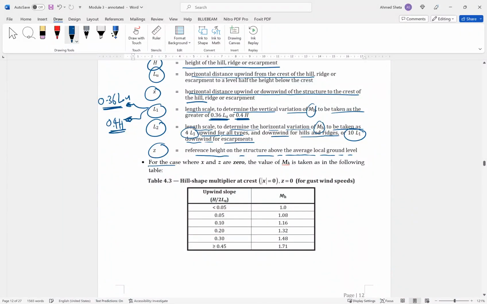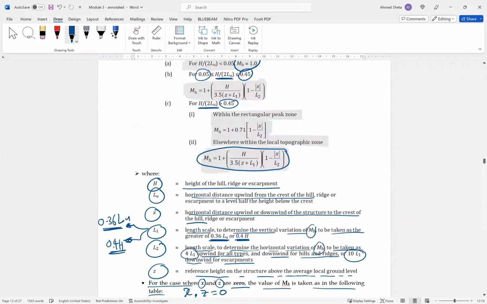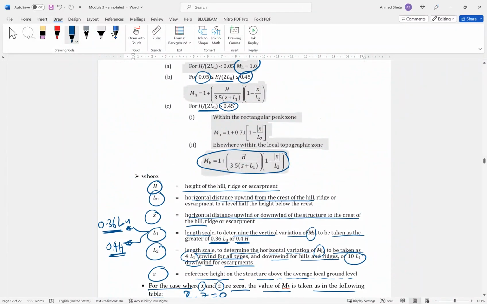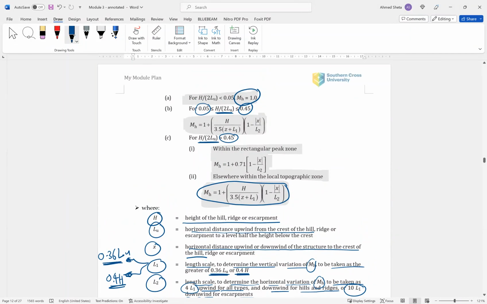Okay, for the case where Z or X are zero, the value of MH is taken from the following table. In some cases, X or Z might be equal to 0, and because the equation has X and Z in it, there will not be any value of MH from the equation, so it will be 1.